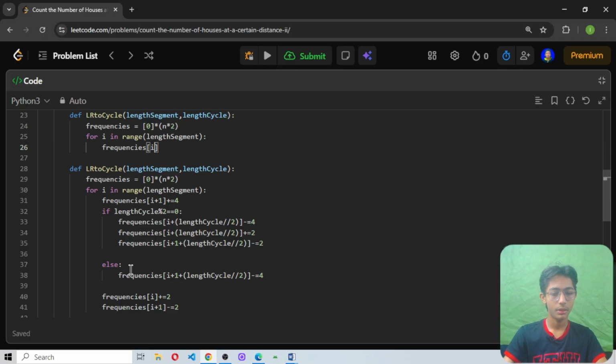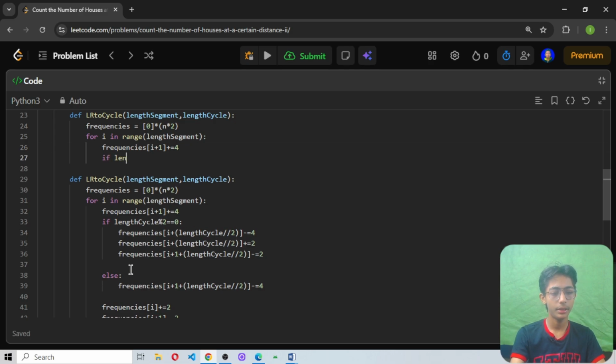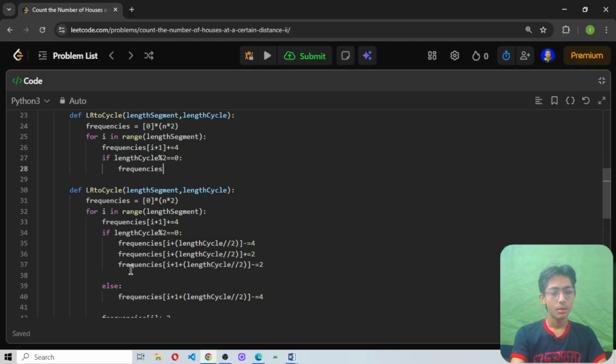Frequencies i plus 1. If length cycle modulo 2 equals to 0, frequencies i plus length cycle divided by 2 minus equals to 4.